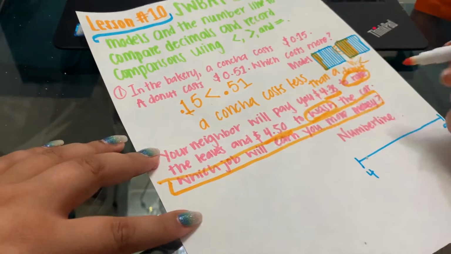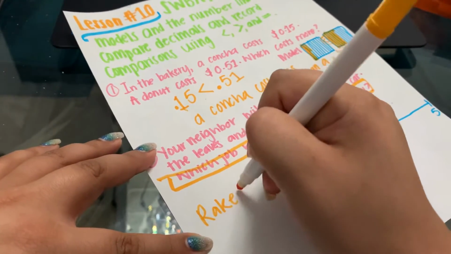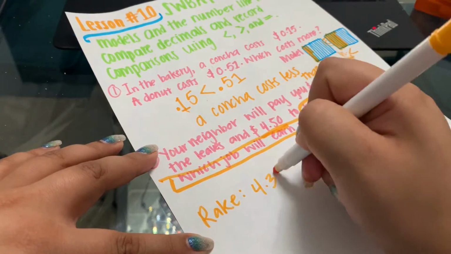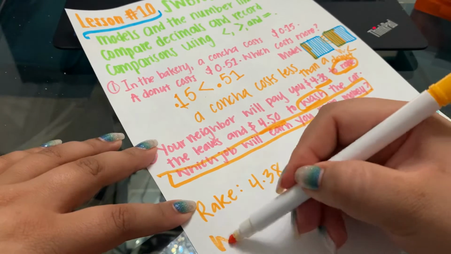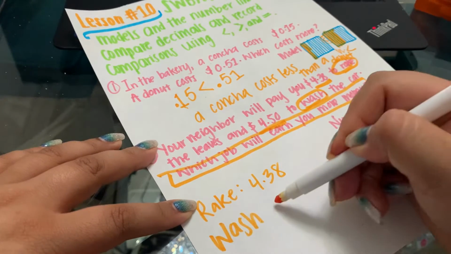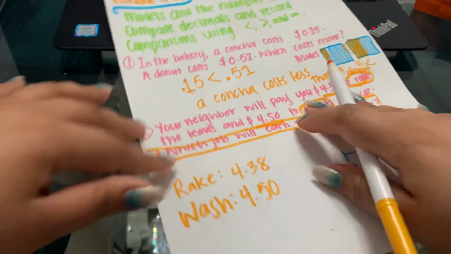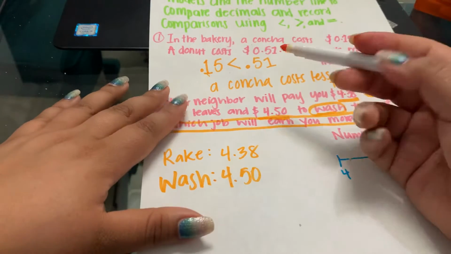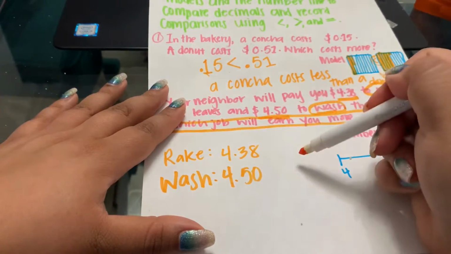So we know, I'm going to write my important information. Raking will make me $4.38. And I know that washing will make me $4.50. Now, if you came to office hours yesterday, or if you just know there's a rule of thumb, one super easy way to compare numbers is to be able to look from the left to the right.